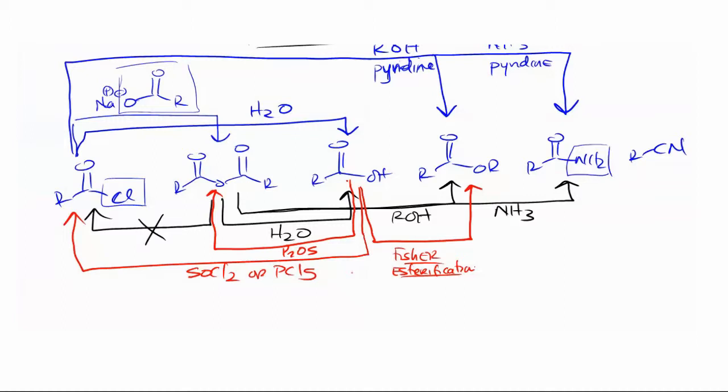That's where you drop in an alcohol. You start off with a carboxylic acid, you drop in an alcohol and an acid. So all Fischer esterification is starting off with the carboxylic acid here, and you drop in an alcohol, and then you have some acid.